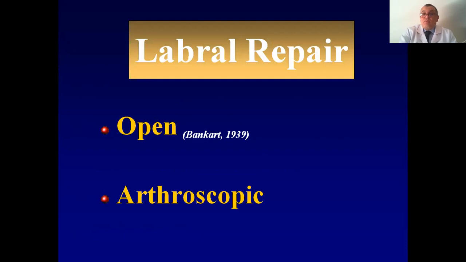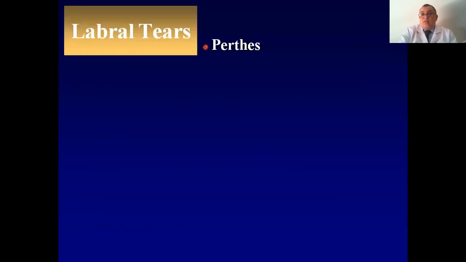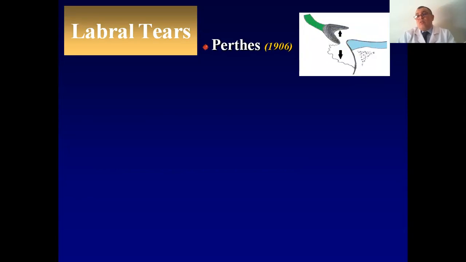There are different types of labral repairs. In 1906, Perthes described the first type of labral tear, which is a detached labrum with an intact periosteal sleeve.